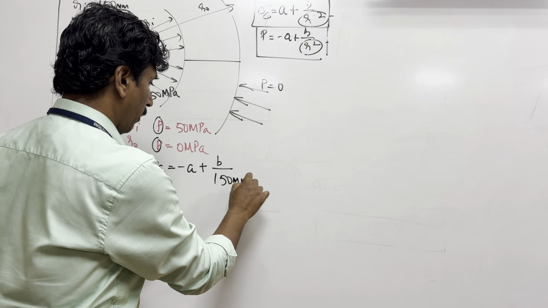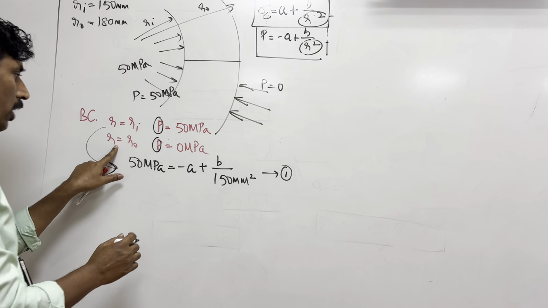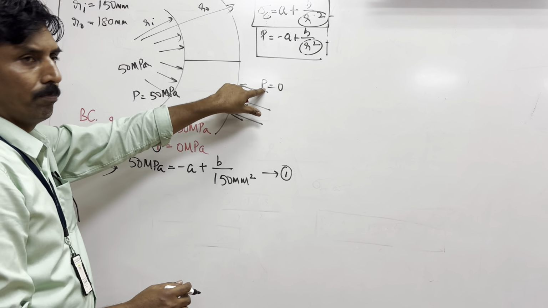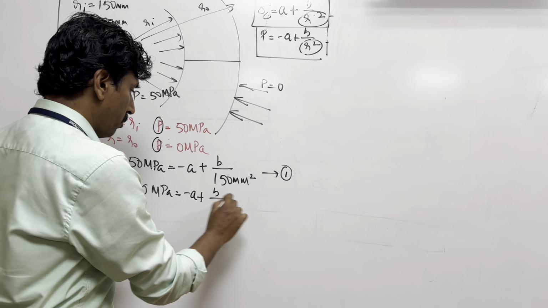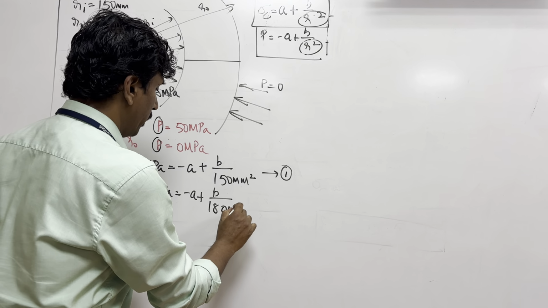This is one equation. You can call this equation 1. And then at R is equal to R0, what is the value of P? 0 MPa. So this is minus A plus B divided by 180 square. So this is equation 2.